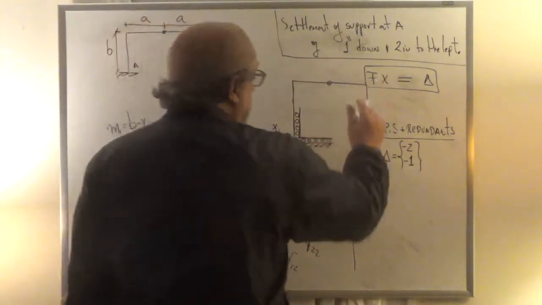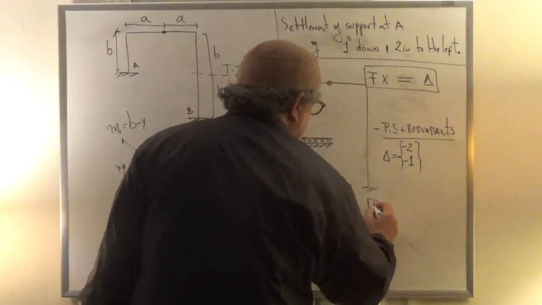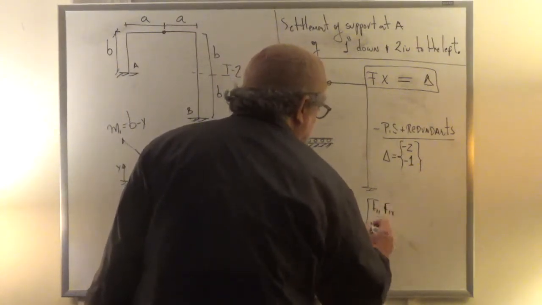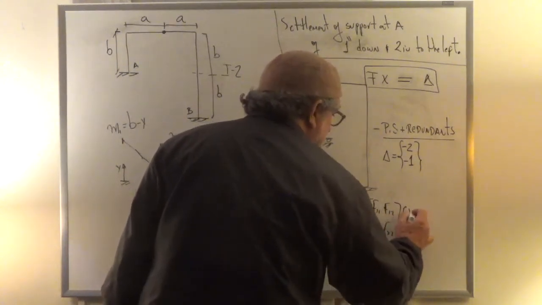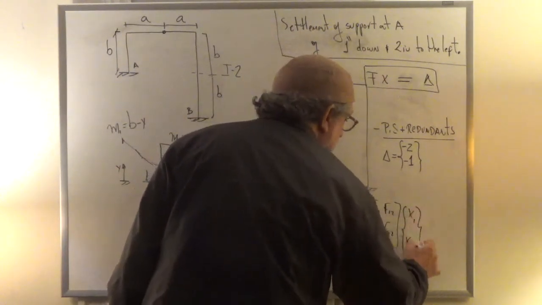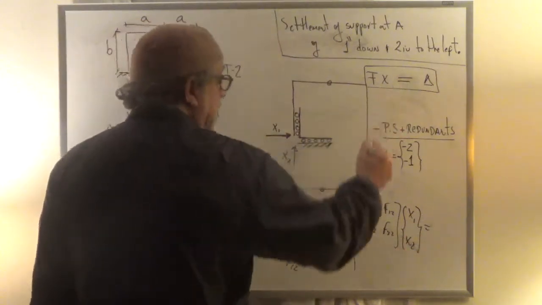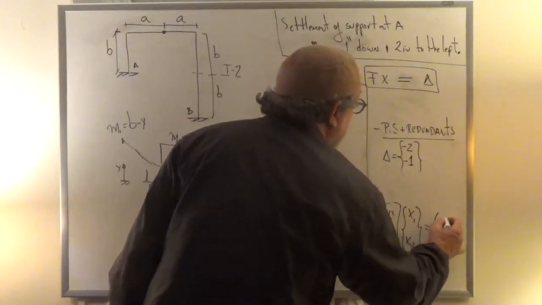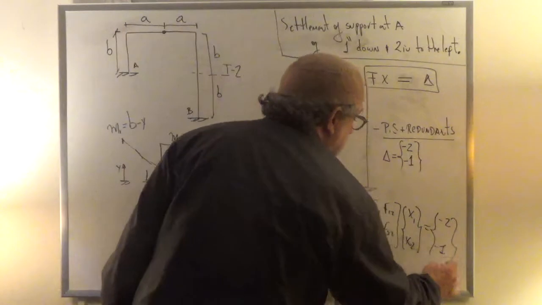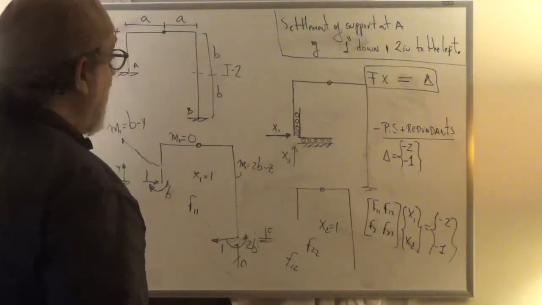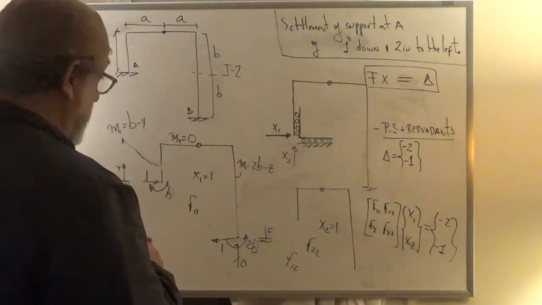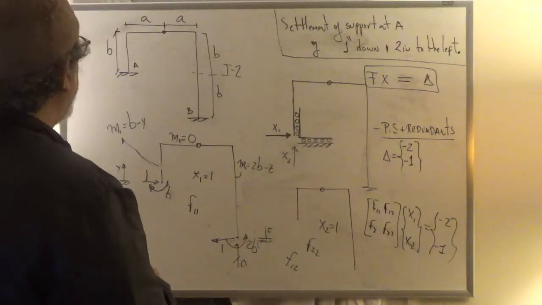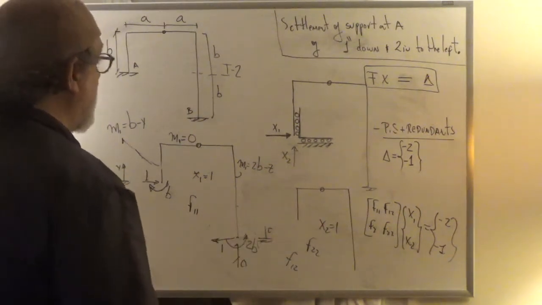And the problem would be F11, F12, F21, F22 times the two redundants, x1 and x2, equals delta, which in this case is minus 2 and minus 1, right? Solve that, and now you have x1 and x2. And what would be the final moment diagram, final shear, final everything?